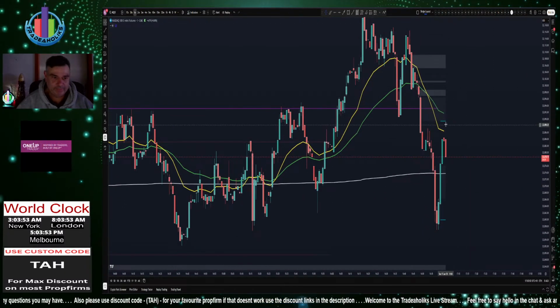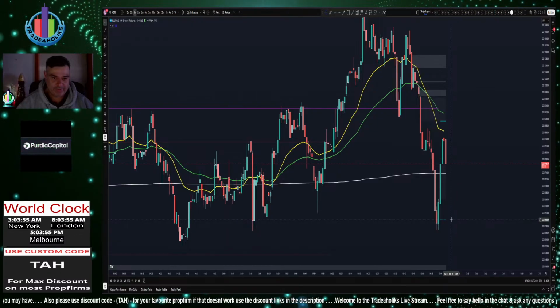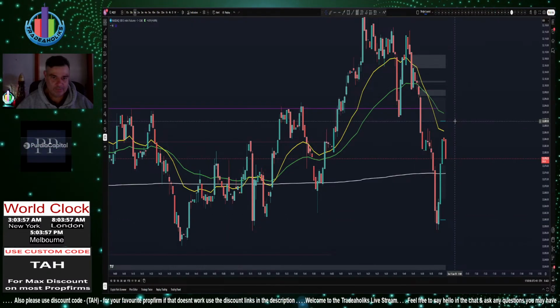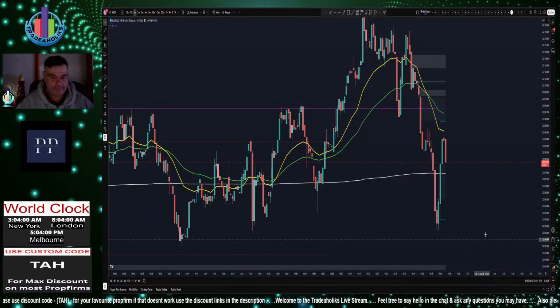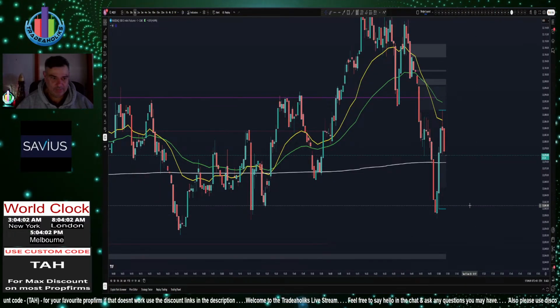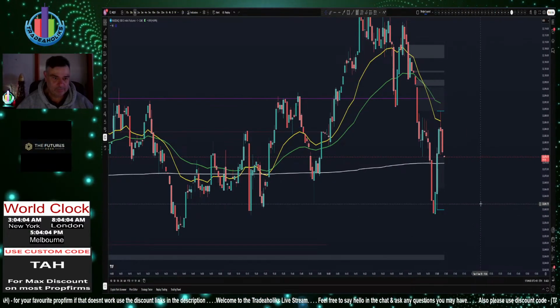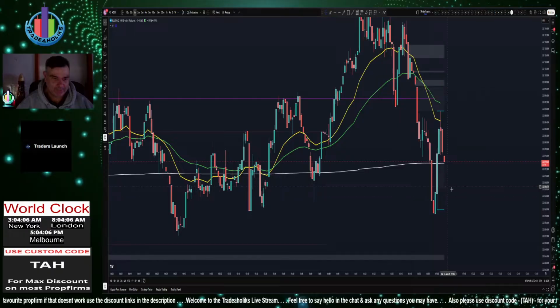Moving back down. So far the range is about 30 points.